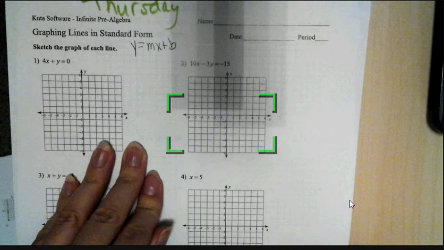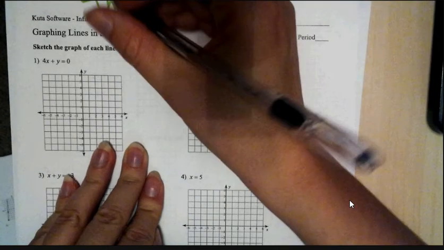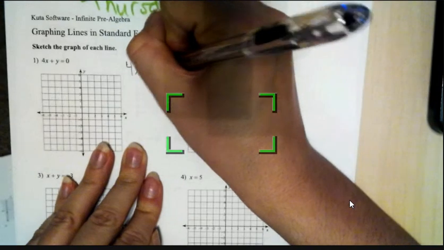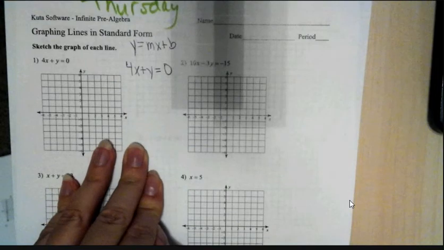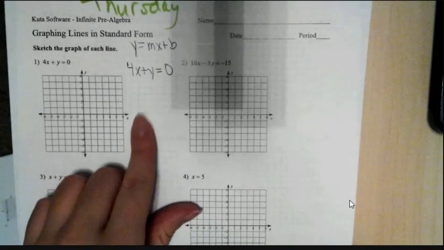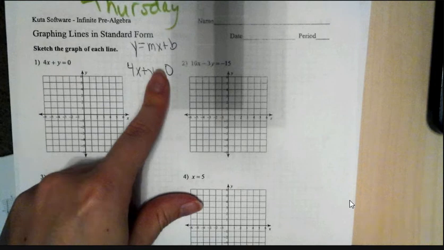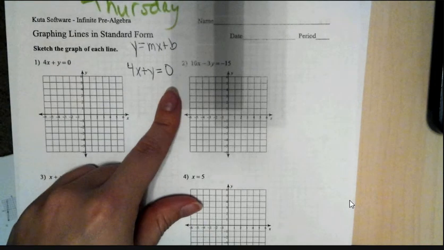In number 1, my equation is 4x plus y equals 0. I know that this is not in slope-intercept form because the y is not by itself.